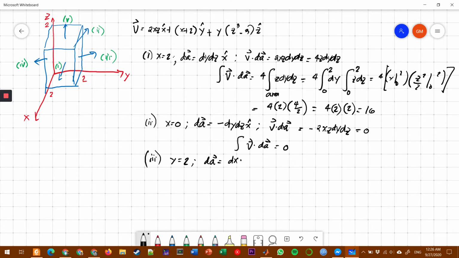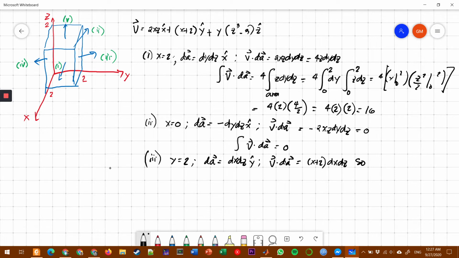So dx dz, but the direction is positive y hat. So we can now take the dot product of the vector function and the dA. So we multiply the y hat, or y component. So this is just x plus 2 dx dz.